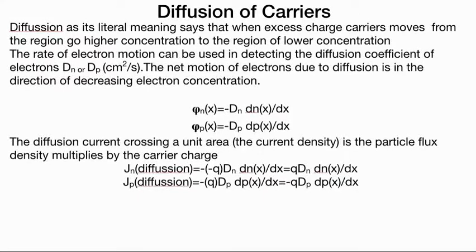Jn is equal to minus Dn times dn(x) over dx, and Jp is equal to the diffusion coefficient times the differentiation of hole concentration. The diffusion current crossing a unit area is the particle flux density multiplied by the carrier charge, where the diffusion current density is equal to q times the diffusion coefficient times the change of concentration of electrons.